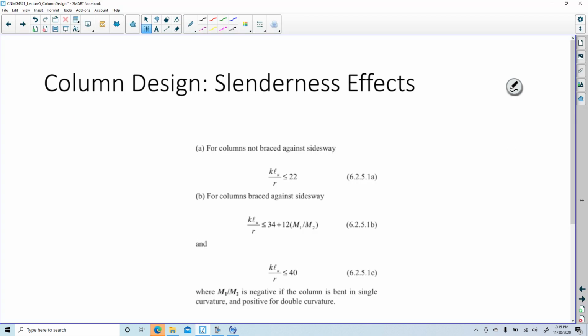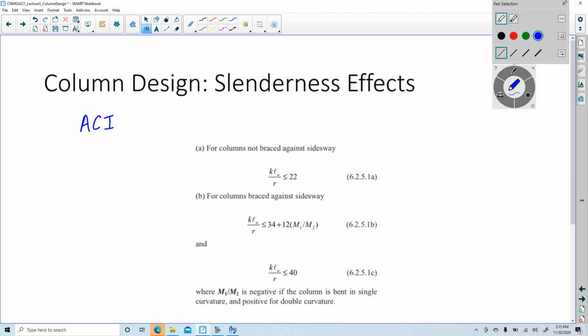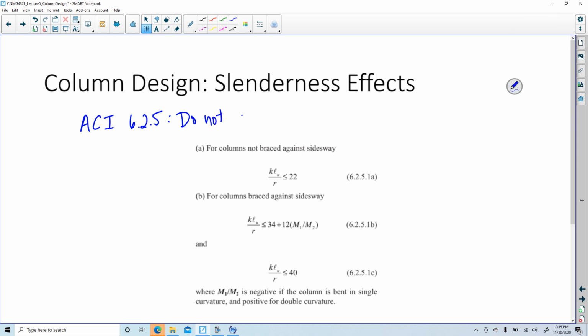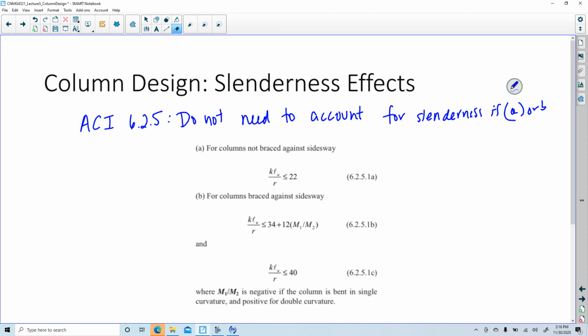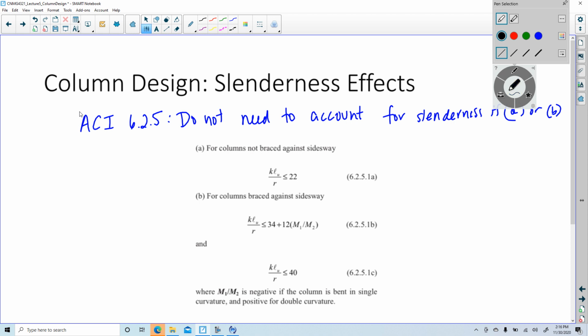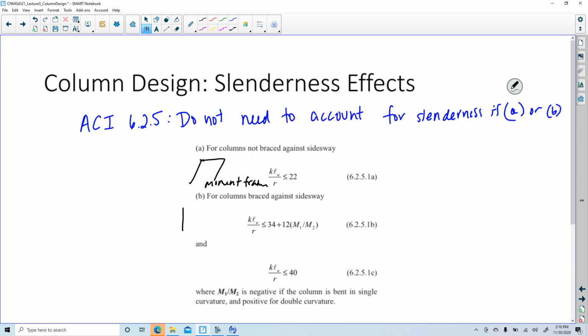So this is 6.2.5: you do not need to account for slenderness if A or B. Again, not braced against side sway, that means we're in like a moment frame. Braced against side sway, braced frame.